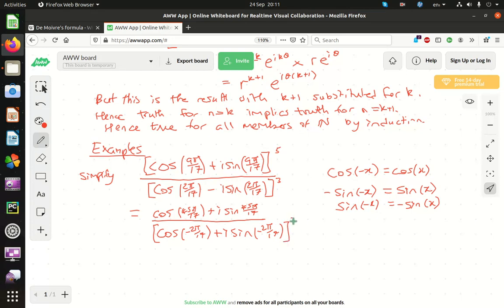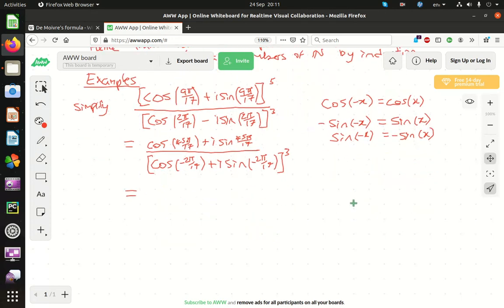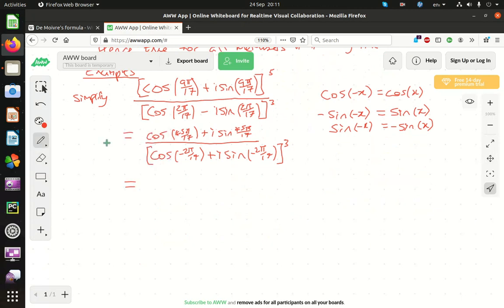Now let's actually start writing this in exponential form. As it points out in the book, it's much easier in exponential form. If given a chance, I would always way rather write down this, which is just e to the I times 45 pi over 17. At least I only have to write that down once though. On the bottom, I'm going to have e to the I times minus 2 pi over 17.